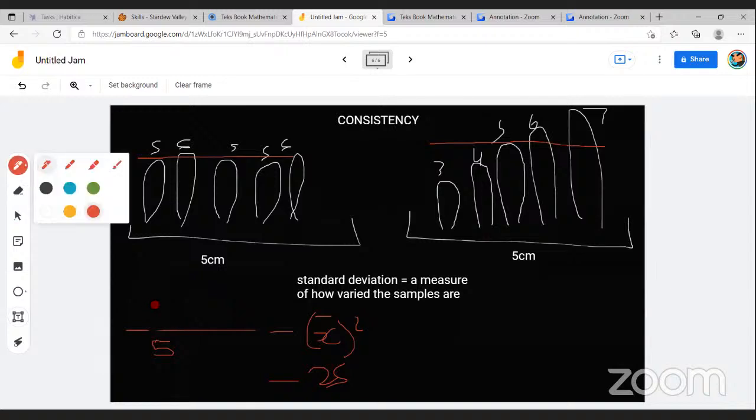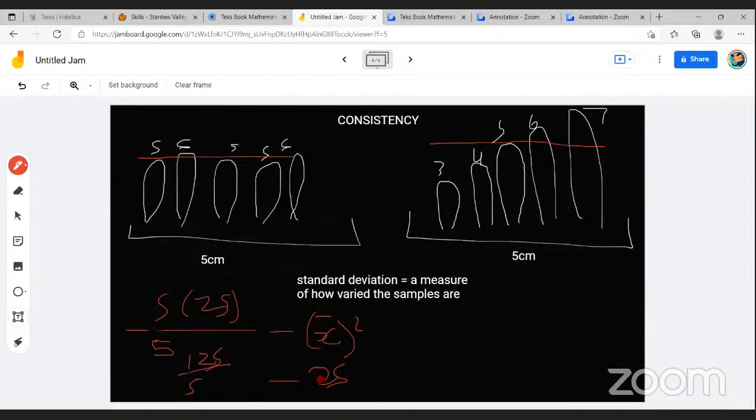You get fx squared would be equal to 5 times 25. And then you get 125 divided by 5 minus 25. You'll get 25 minus 25, which will become 0.